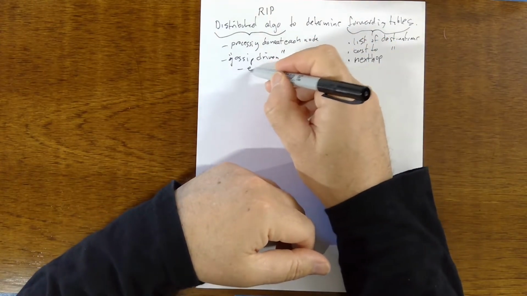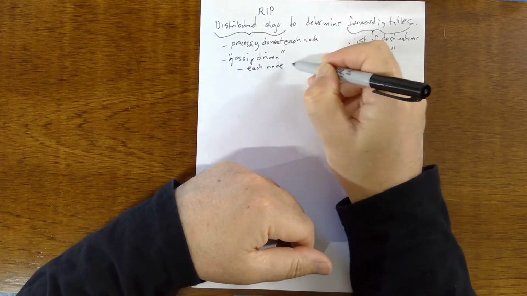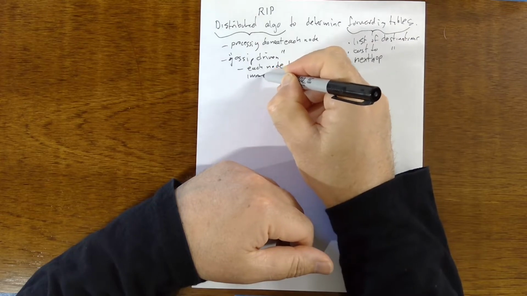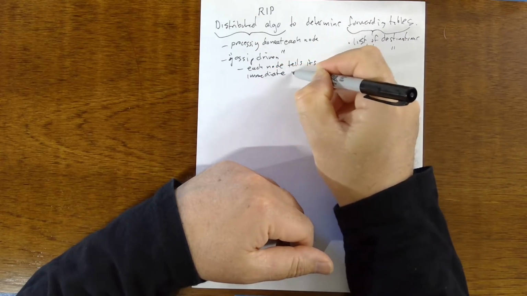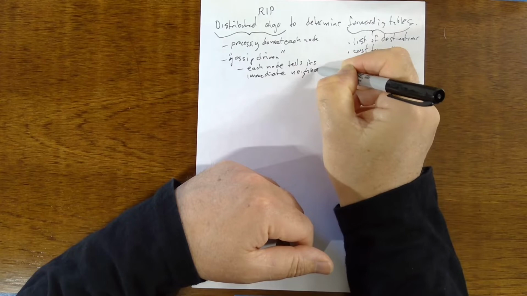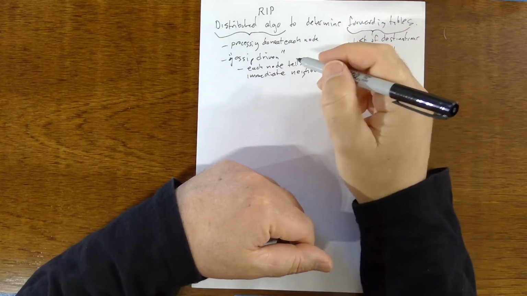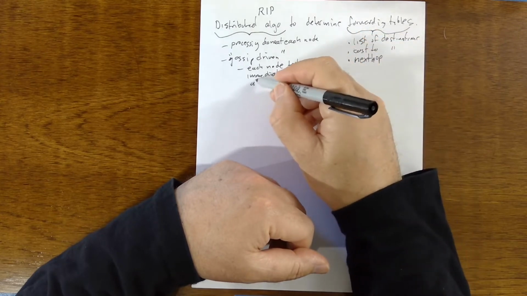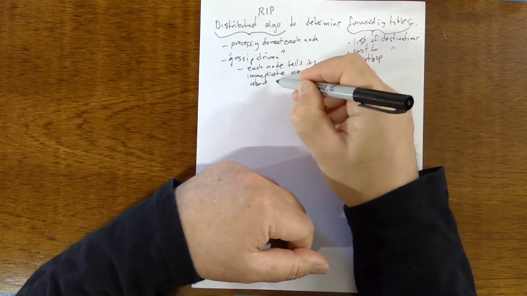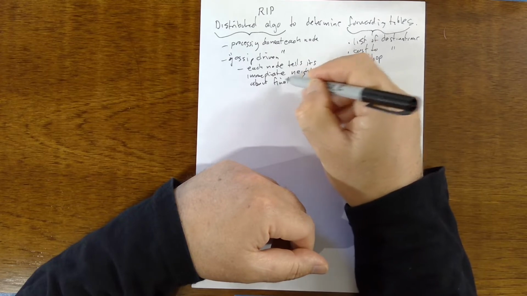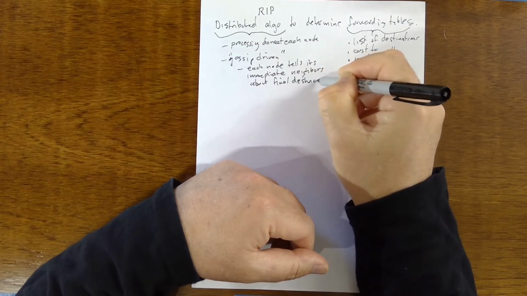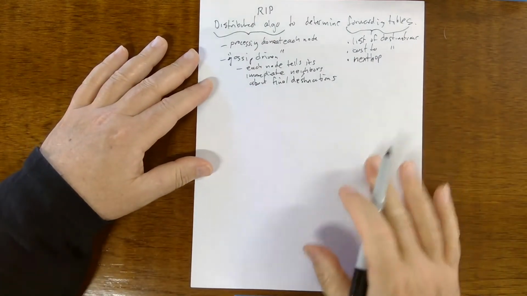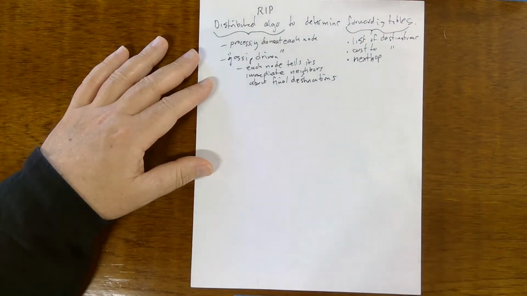Each node tells its immediate neighbors info that it knows about destinations, the final destinations that node knows about.